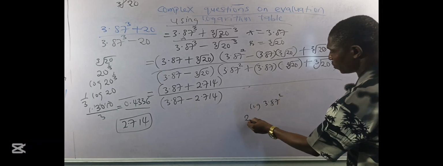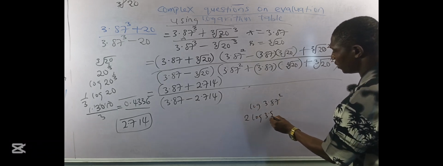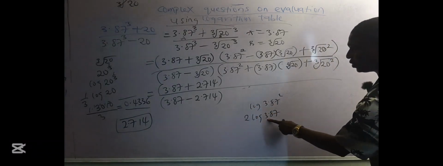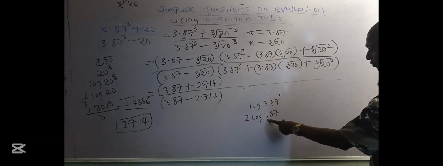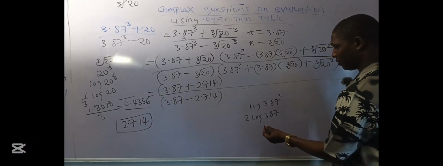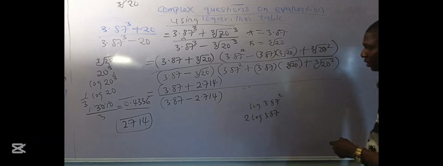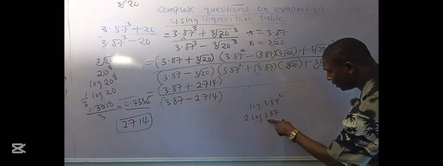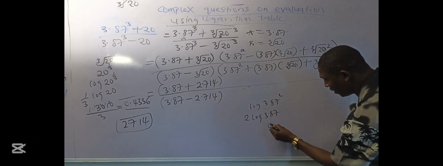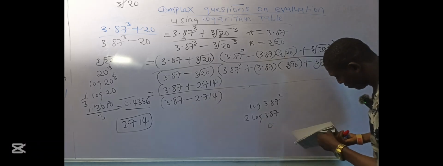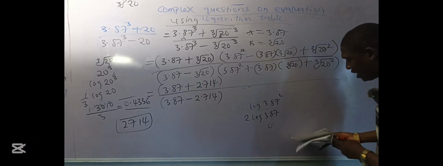Bring my 2 to the front, so I have 2 log 3.87. Now the characteristic becomes 0, so I have 0 point.